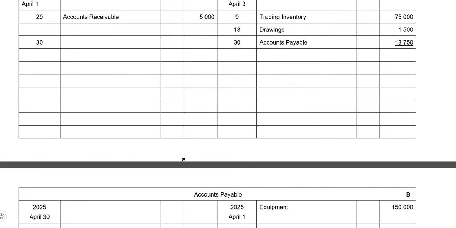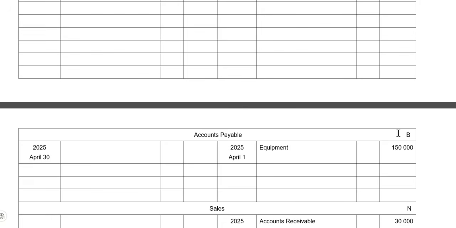So now we go to accounts payable. We owed 150,000 on this equipment that we bought. We are now paying 18,750 back to this creditor that we owe. The contra account, when we made that payment, is bank.